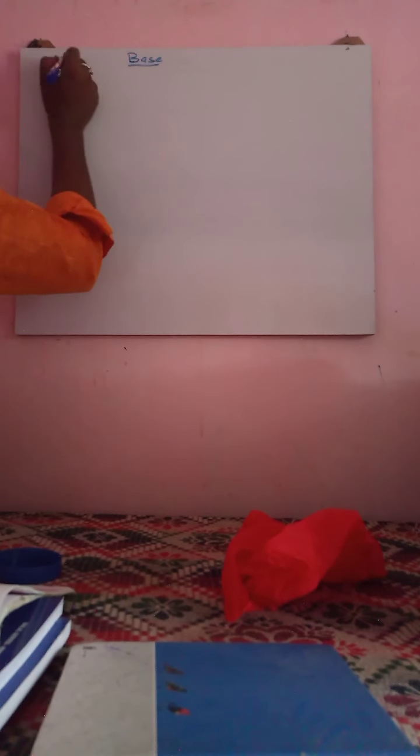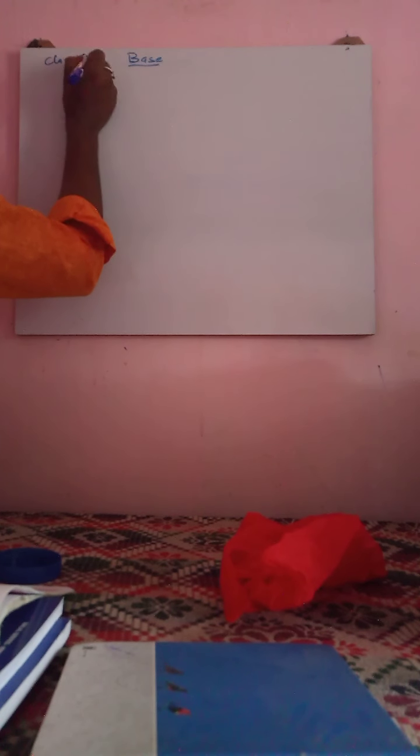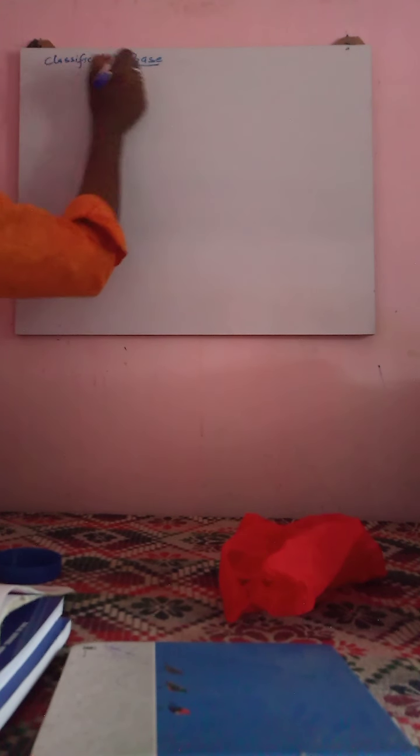Now see the classification of base. Next topic is classification of base, right? As I have already classified acids as strong acid, weak acid, monobasic, dibasic, tribasic, and dilute and concentrated acid, similarly we also classify base.